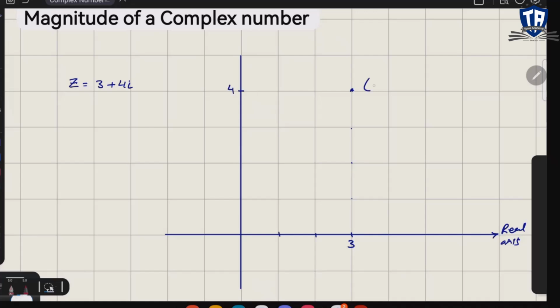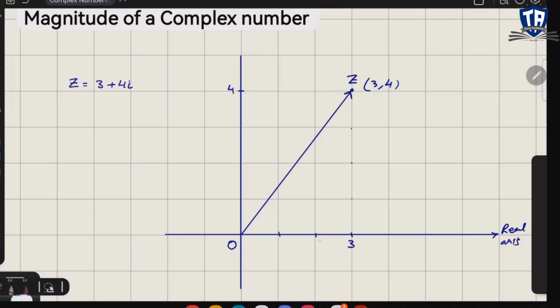So this is a complex number where 3 is the real part and 4 is the imaginary part. The magnitude of a complex number is the distance from the origin on the complex plane. So we can find the length of this complex number OZ.